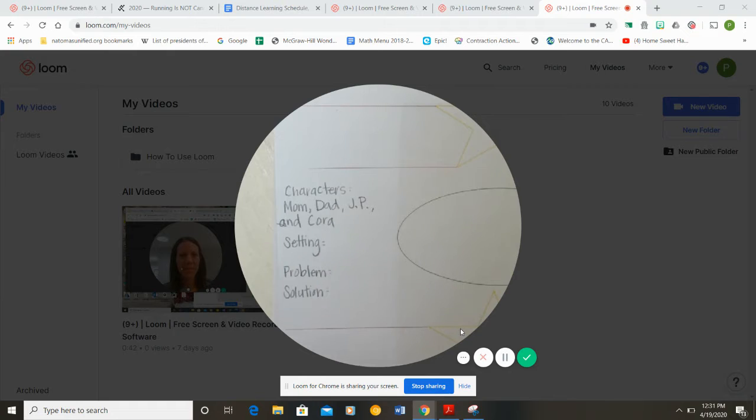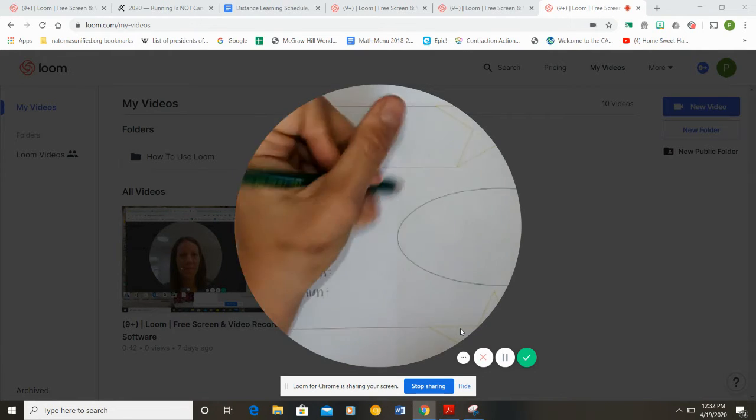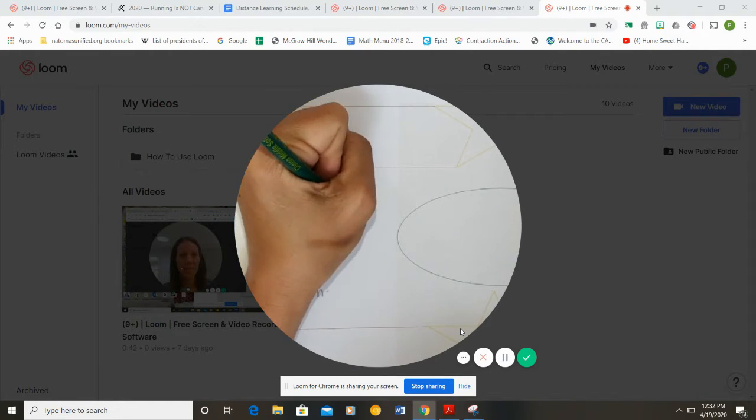So in my family, I have me, and then my husband, my son JT, and my daughter Claire. I changed the names a little bit, but I'm going to use our family as inspiration. So my characters are going to be Mom, Dad, JP, and Cora. And then there's actually going to be a wizard included.